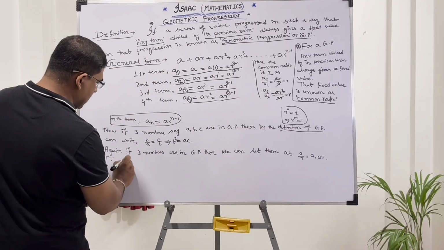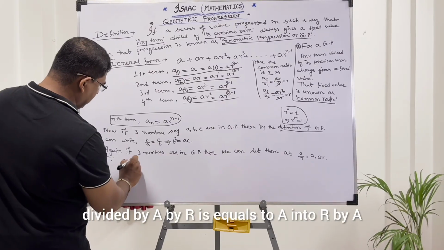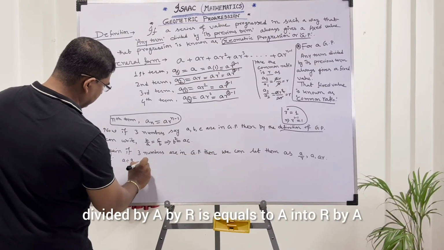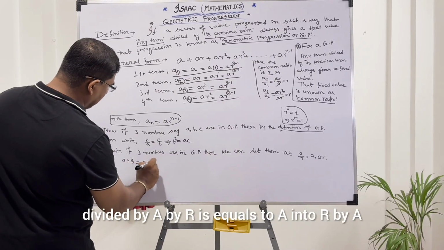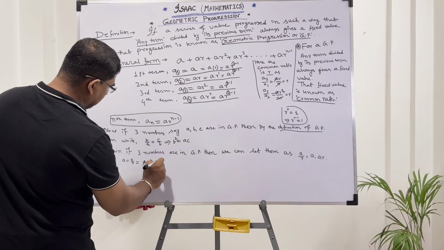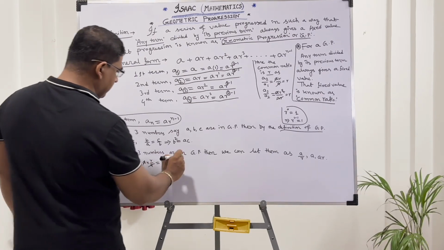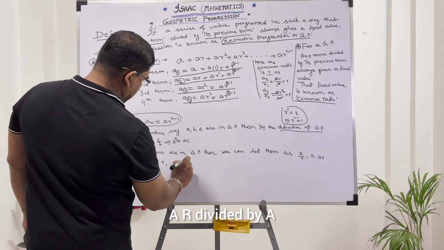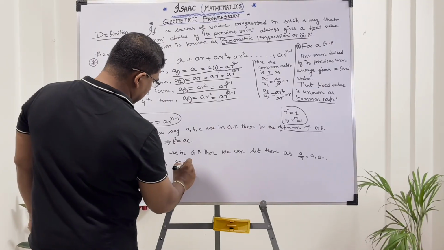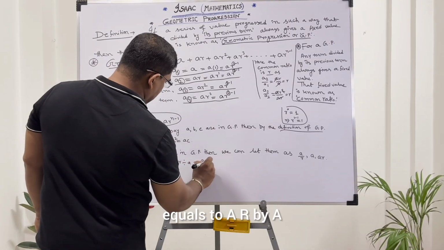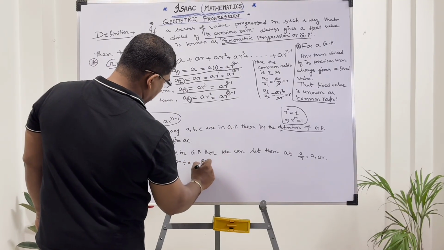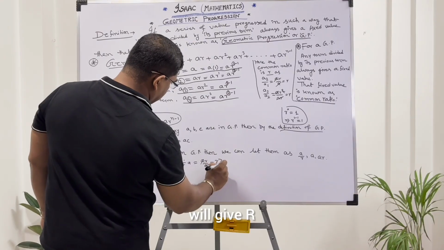Since A divided by A by R equals A into R by A, which equals R. AR divided by A equals AR by A, which gives R.